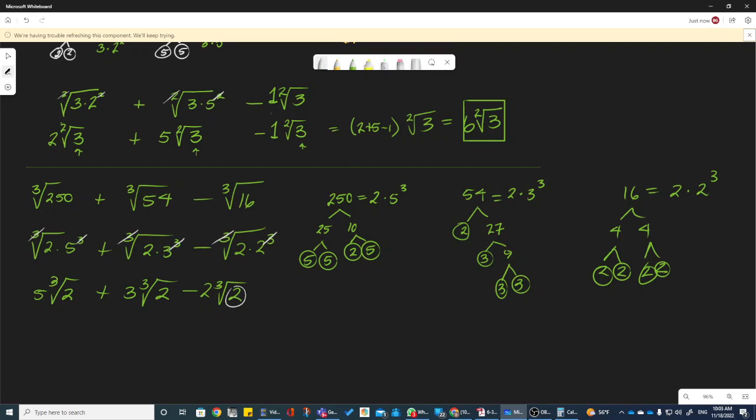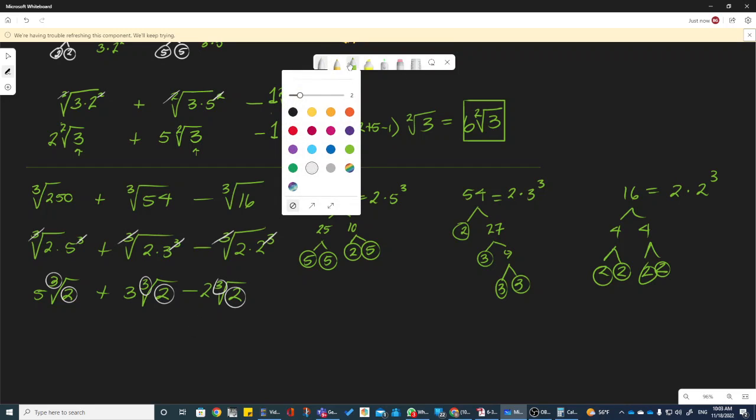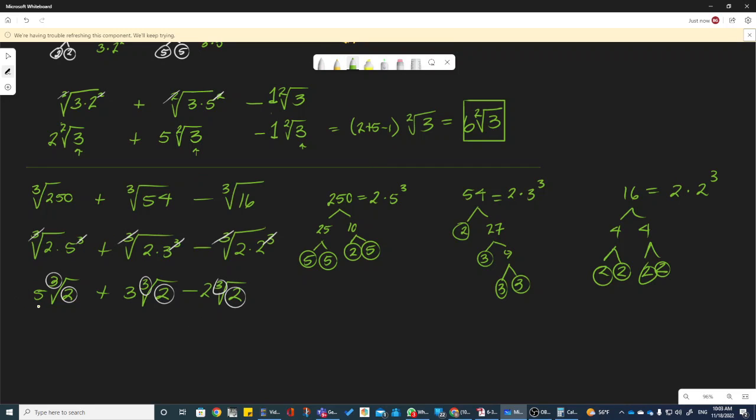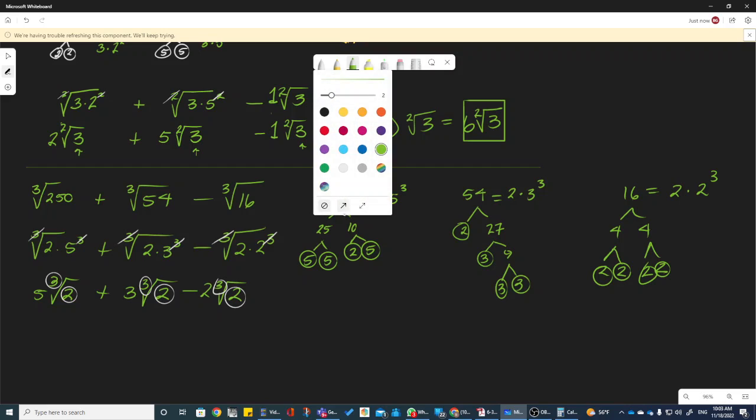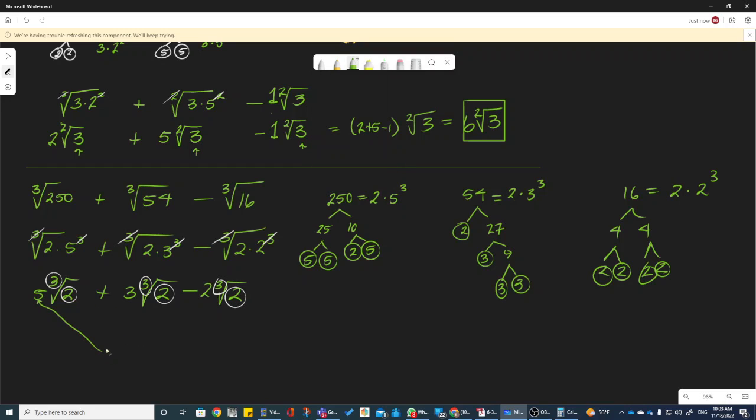Okay? So since they all have the same radicands and they all have the same index, now you're able to take all the coefficients and combine them. So you got 5 plus 3 minus 2.